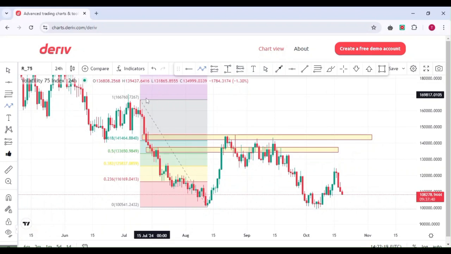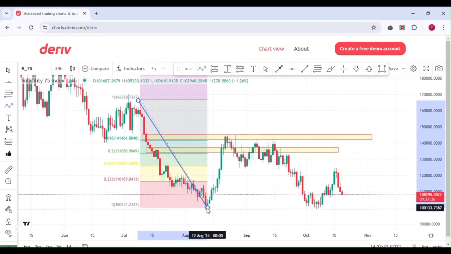And how did the market do? Using this daily time frame, the market went down, then as it was moving up, it just slightly closed the zone on the 50%, then went up to that area, and from this area it has tried to move, trying to cross this area, and it has not been able to cross that area, and definitely the market has gone down.